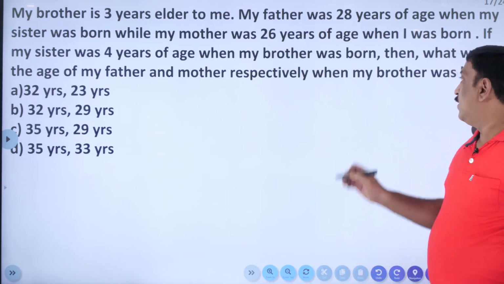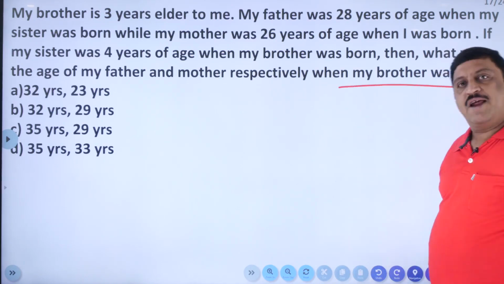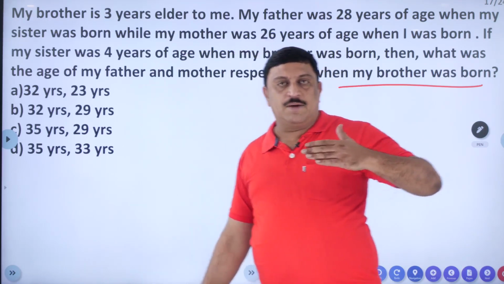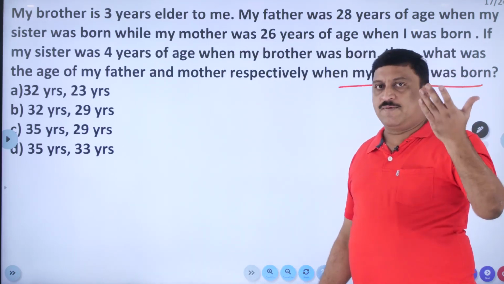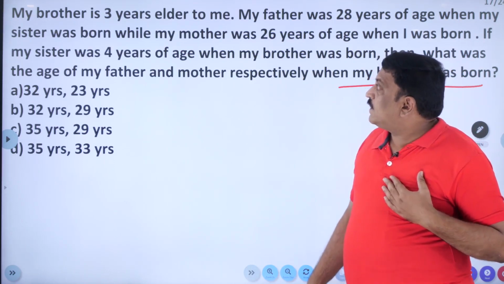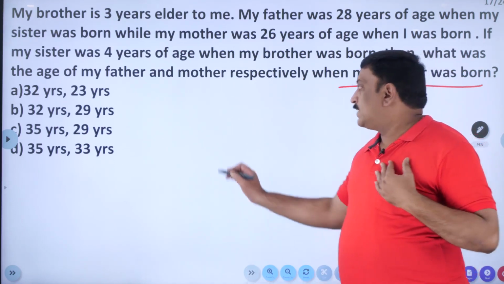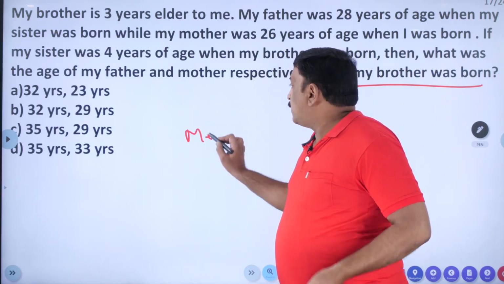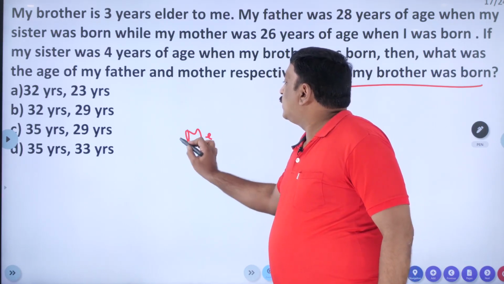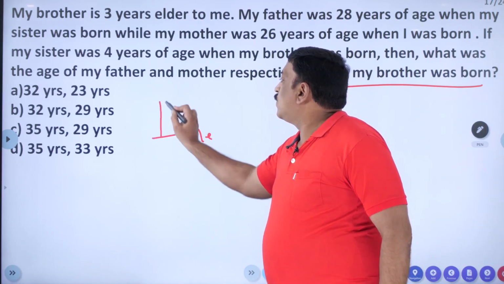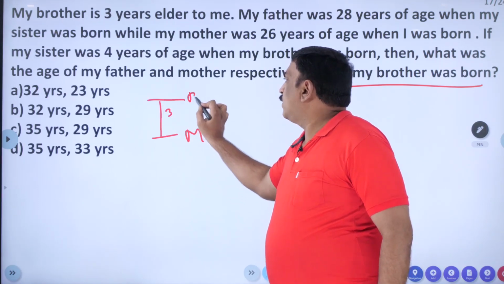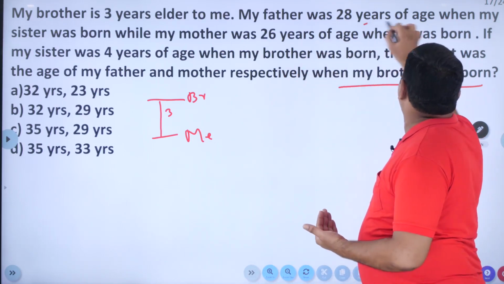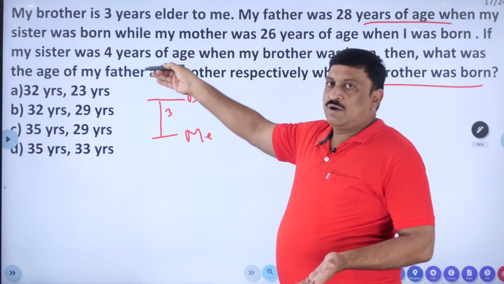Okay, you see now, they have taken the brother as a criteria. So we have to see the time of the brother's birth. My brother is 3 years elder to me. Let us say it is me. He is elder to me, that means brother, right? So we'll take 3 years more, that is brother. My father was 28 years of age when my sister was born.